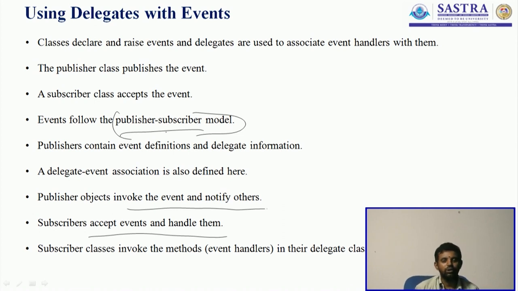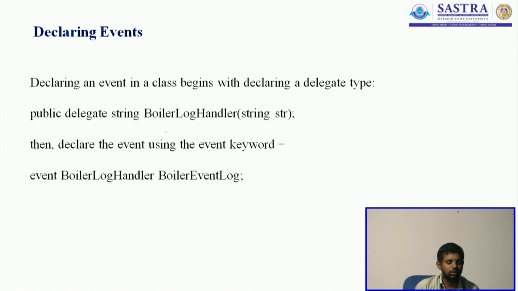We are going to have a syntax and an example of how to proceed with delegates with events, and then a full-fledged example that will help you understand how to proceed further, right. So here we are declaring an event.